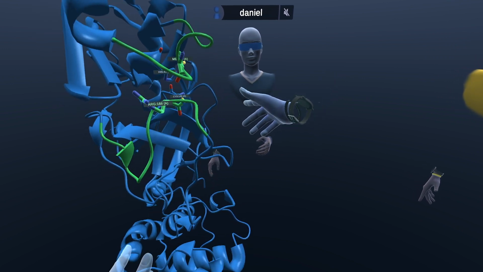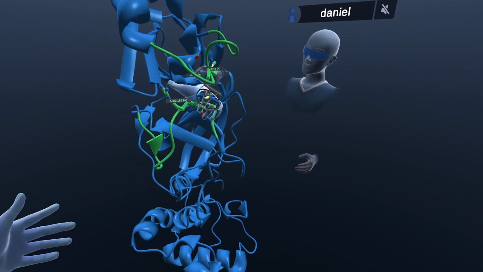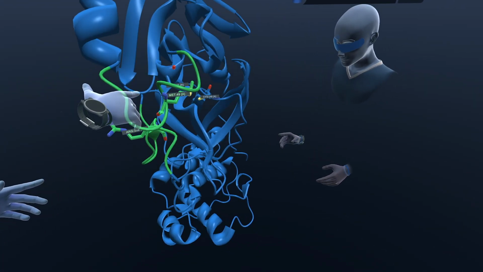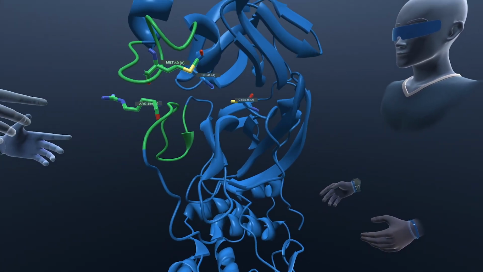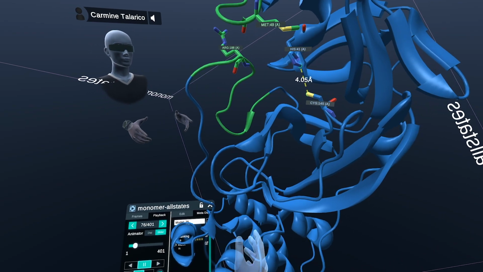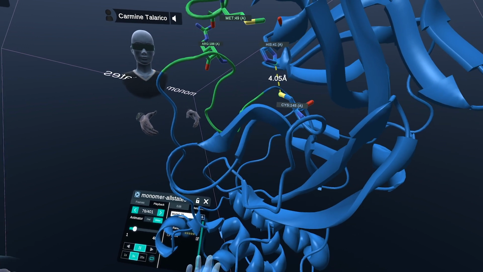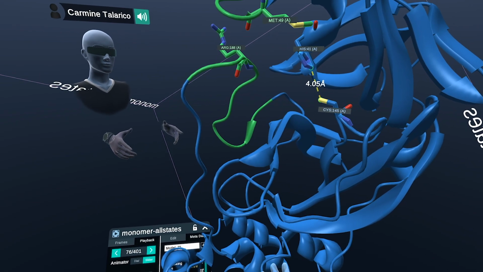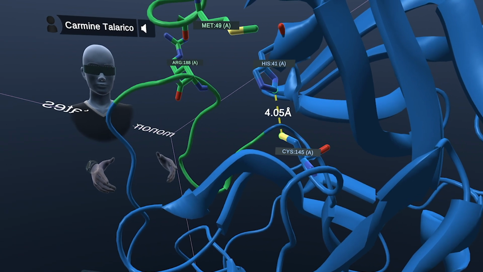We generate these files by using GROMACS 2020 and the Amber99 force field, and we generate 20,000 frames for each microsecond of simulation. So as you can see here, we are evaluating the distance between the catalytic dyad that is composed by cysteine 145 and histidine 41.